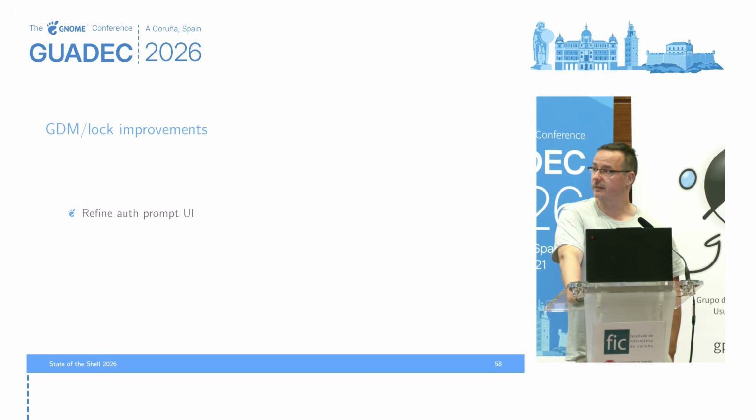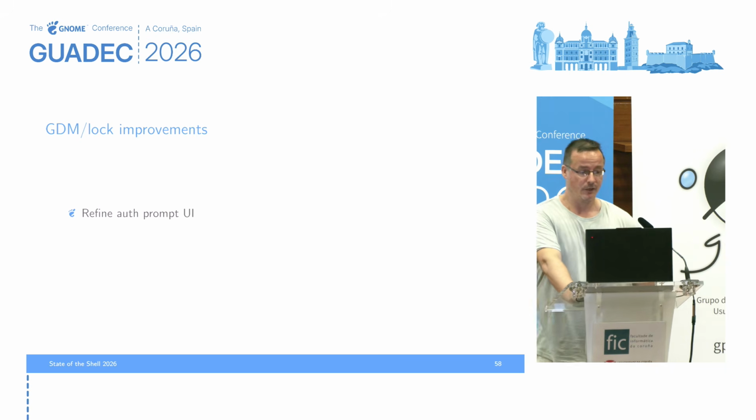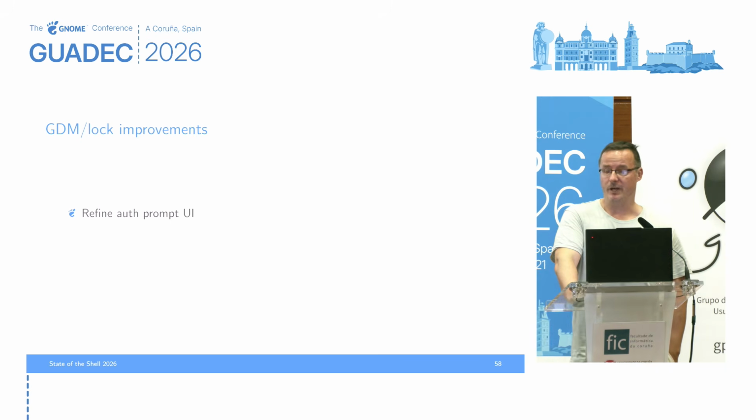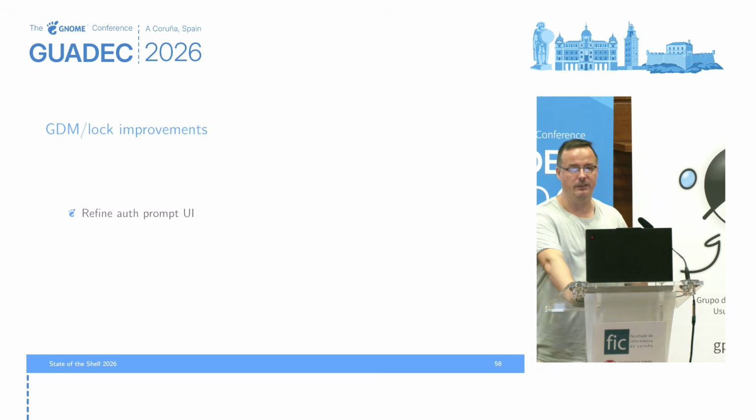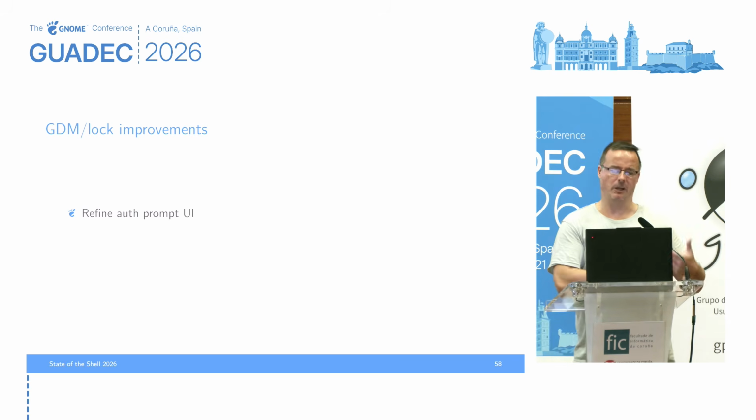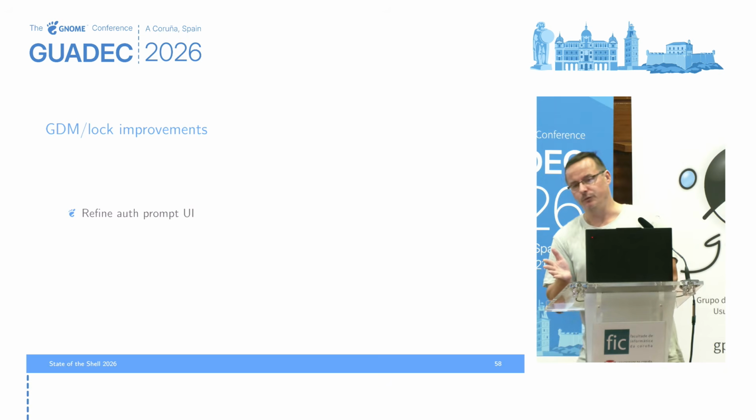And with that, a quick outlook for upcoming changes in GNOME 51. We have major work done on the login screen side. First, most users will notice a refinement of the authentication UI, like some elements move into the entry.